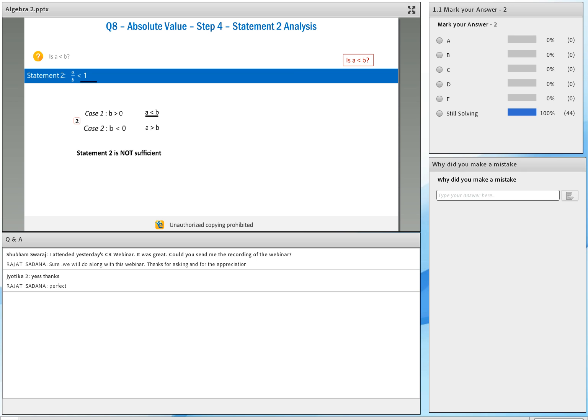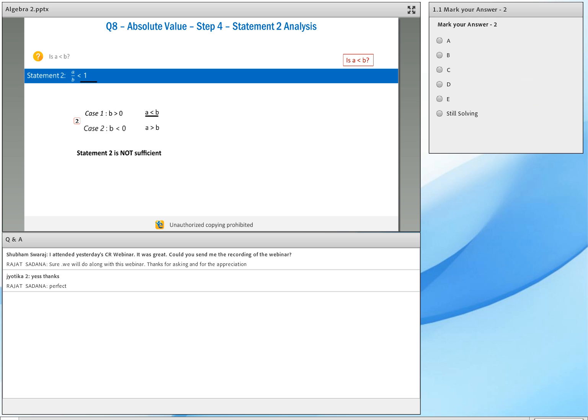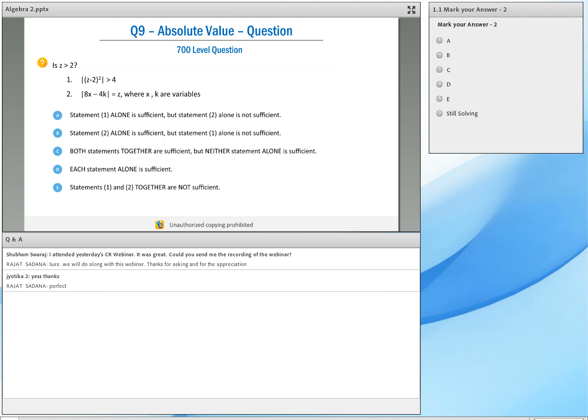The next question is fun. It's not as challenging, but it's still logic-based, which means you don't need to do the math. 3, 2, and 1. Here's the next question. The question is asking, is Z greater than 2?